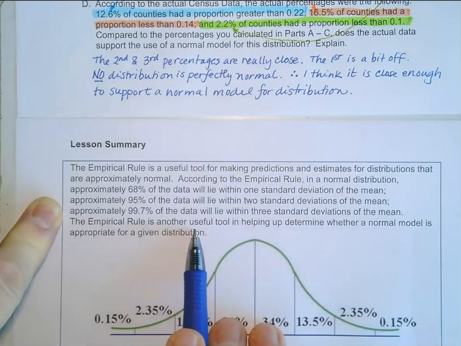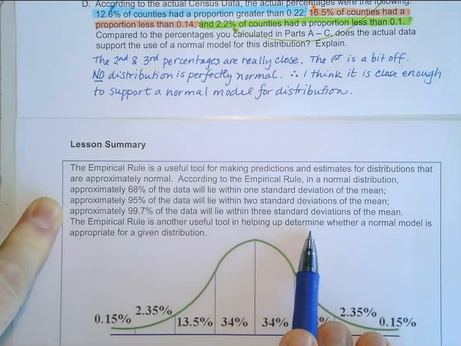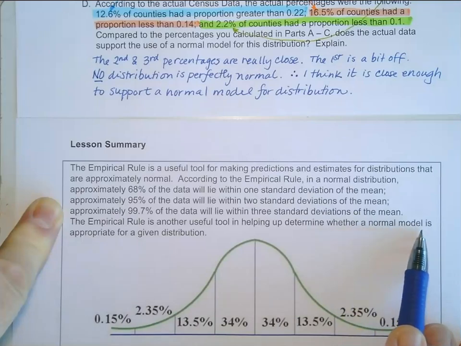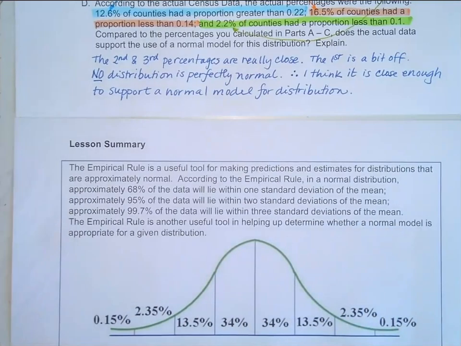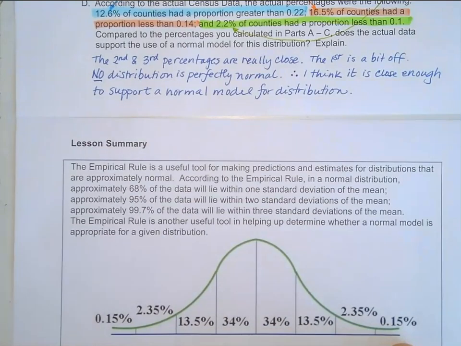The empirical rule is another useful tool in helping us determine whether a normal model is appropriate for a given distribution. And you can see here, they give us the percentages along the bottom that would break up each section. Is that clear?